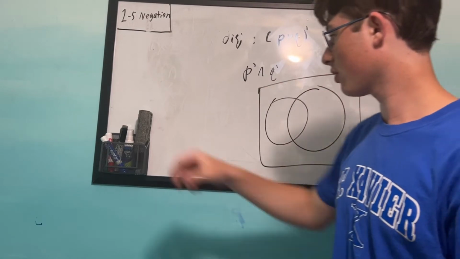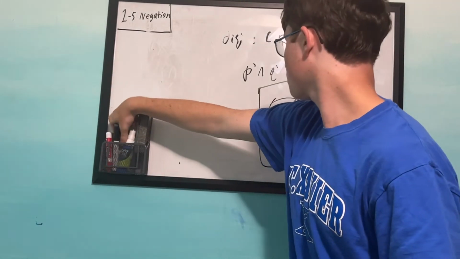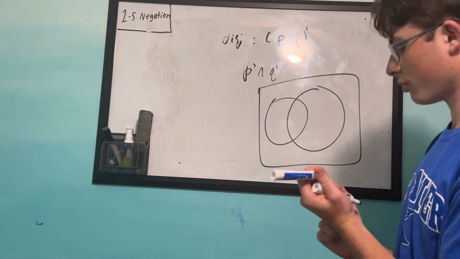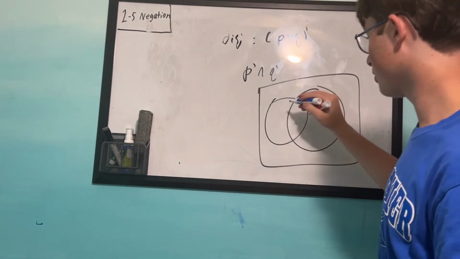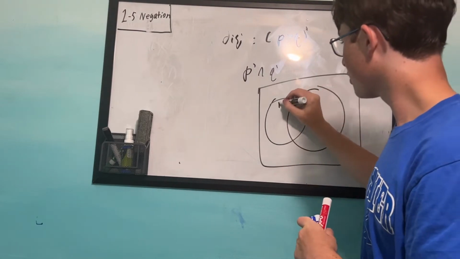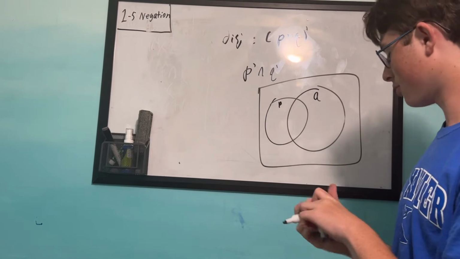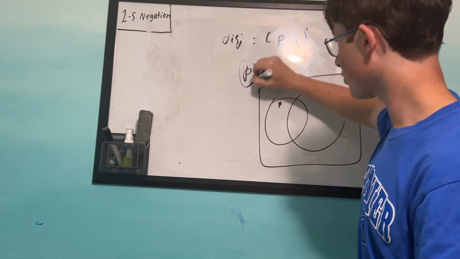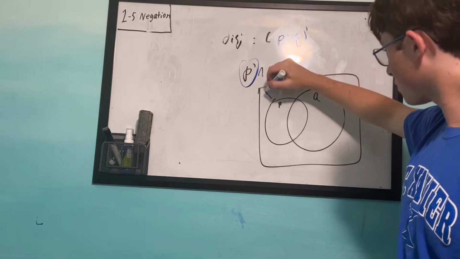I'll use blue for not P and red for not Q. Oh yeah, I'll label these. Sorry, going too fast for my own good. All right, so everything not in P. Let me color this circle blue.